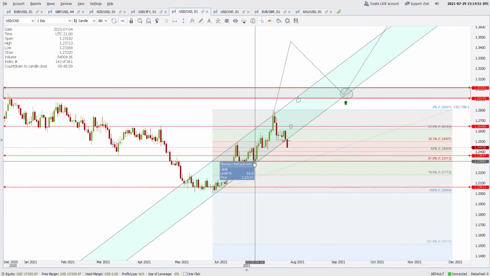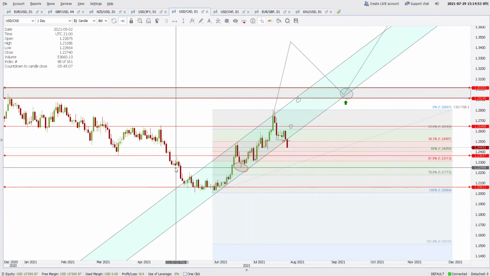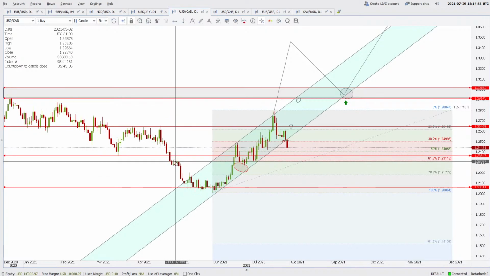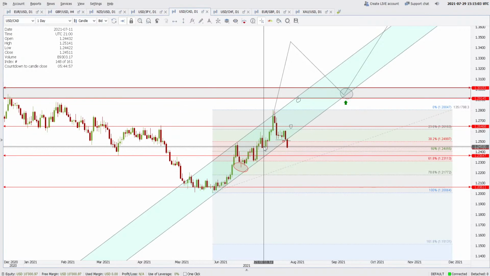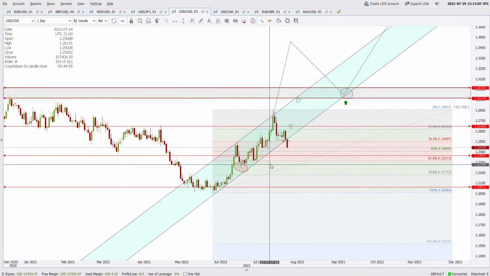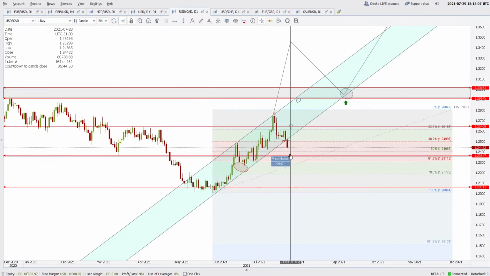See how these two supports and these four resistances are lining up with the 61.8% of this rise. So maybe 1.2405 or 1.2311, this is the zone from where you can expect the US dollar to rise.